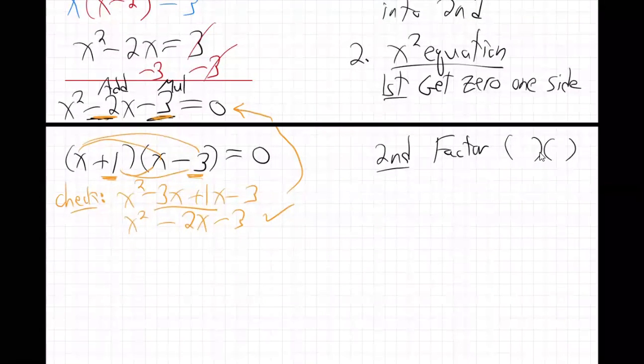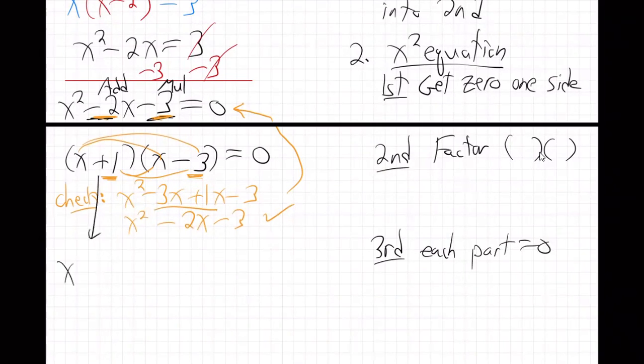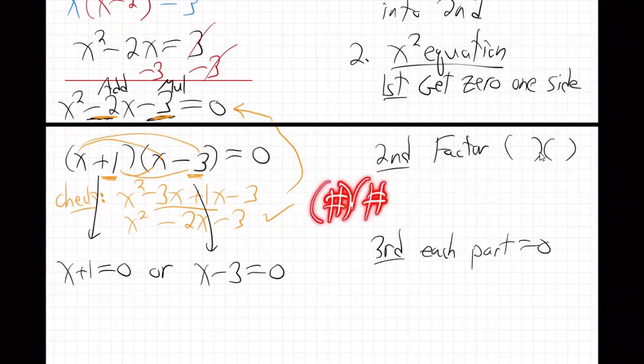Okay, so now what do we do? Third, each part equals 0. So you say, okay, so the x plus 1 equals 0, or the x minus 3 equals 0. Now, why can we do that? Well, that comes from the logic that if I said, hey, I'm thinking of two numbers and I'm multiplying them, and it's coming out 0.